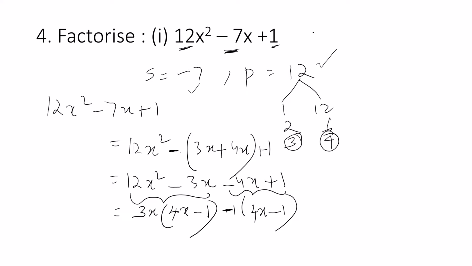So now we can see that 4x minus 1 is common, so we can take it as a common factor. And then when you take 4x minus 1 common factor, what is left out? 3x and minus 1. So this is how you factorize 12x square minus 7x plus 1.